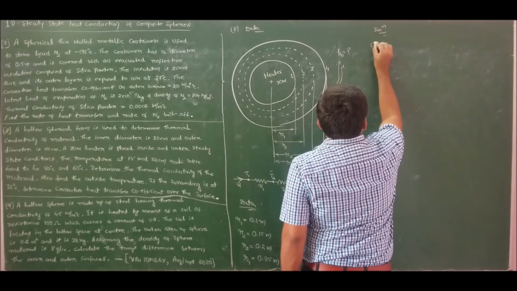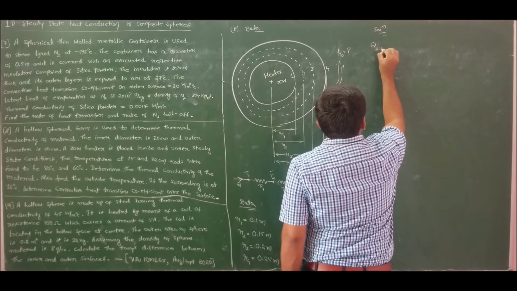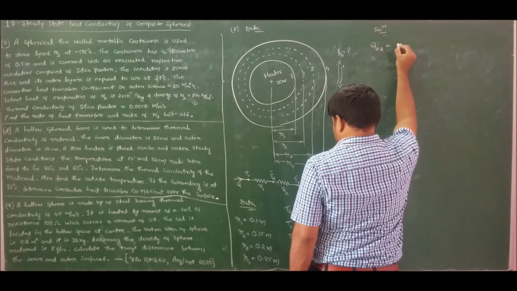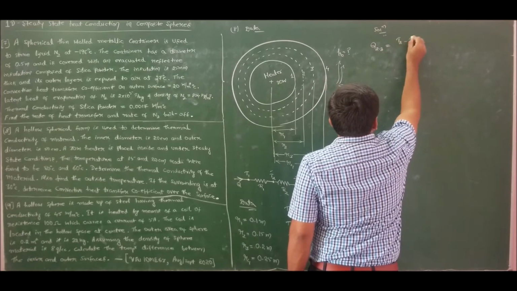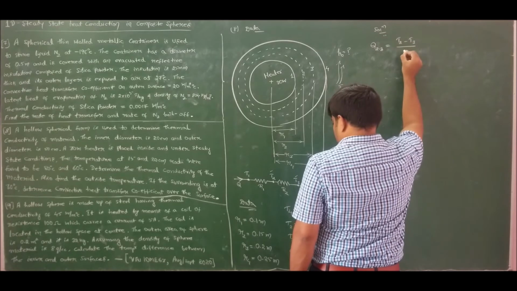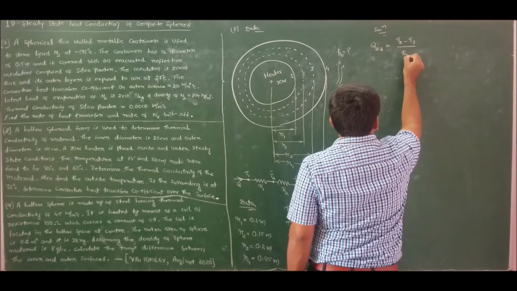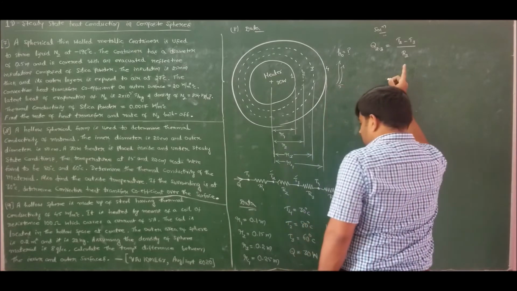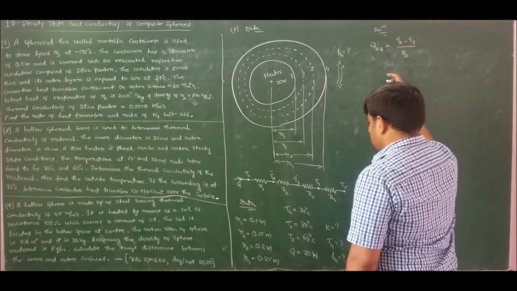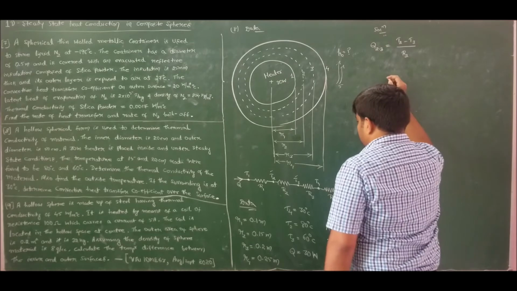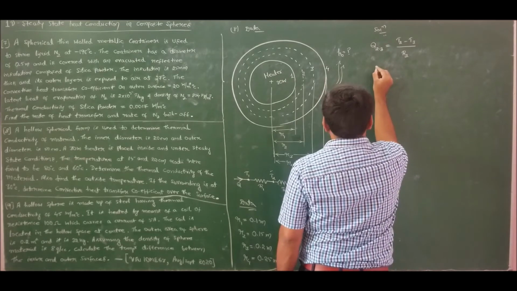So directly solve for Q2 to 3, which is equal to T2 minus T3 divided by resistance R2. We know that resistance R2 is because of conduction. The conductive resistance for a sphere is known to us, the formula.